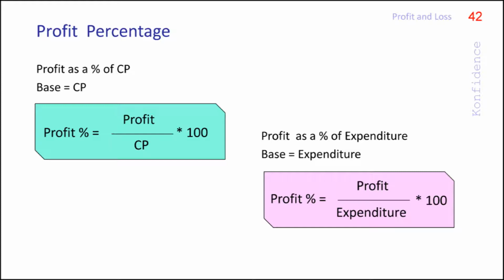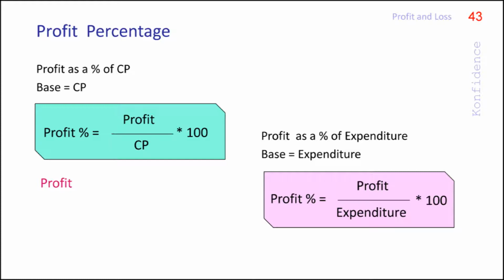Cost of goods, cost price, will be a part of expenditure for sure. But expenditure may contain other expenses like transportation expenses, loading, unloading charges, etc.